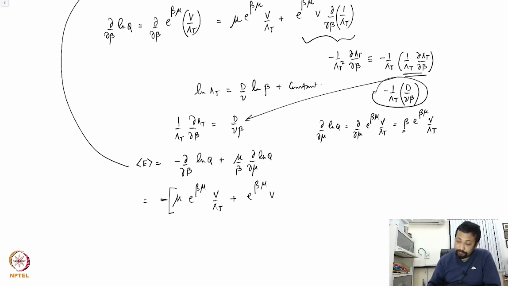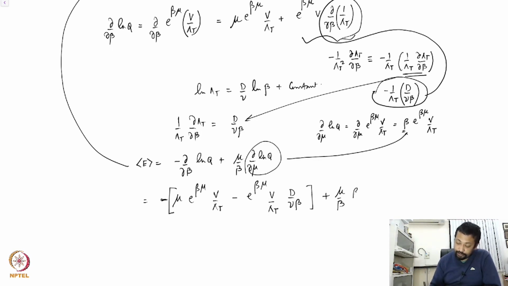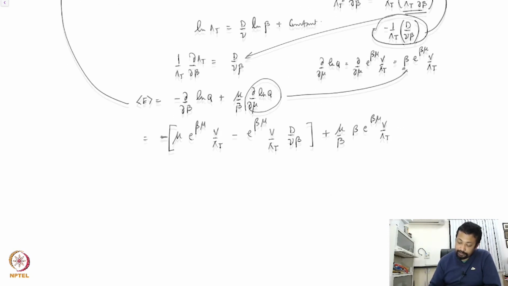We'll use this term and put in back as the derivative, so that v over lambda t, there is a minus sign, so the plus becomes a minus, and then I have d over nu times beta plus mu over beta, and this derivative comes from over here, beta e to the power beta mu v over lambda t.